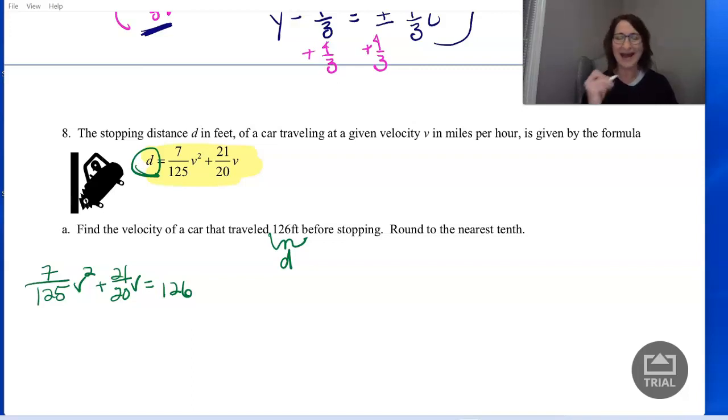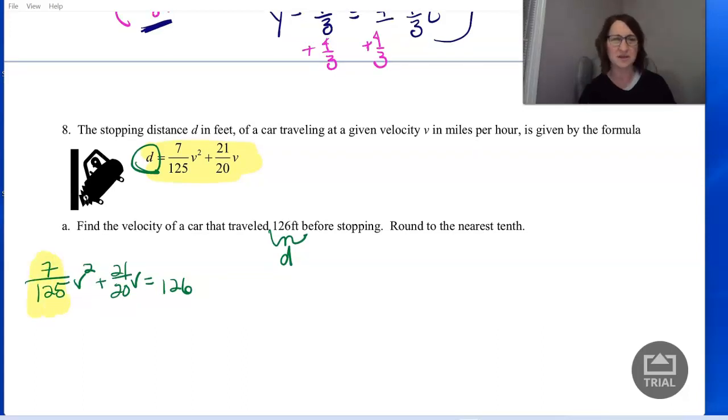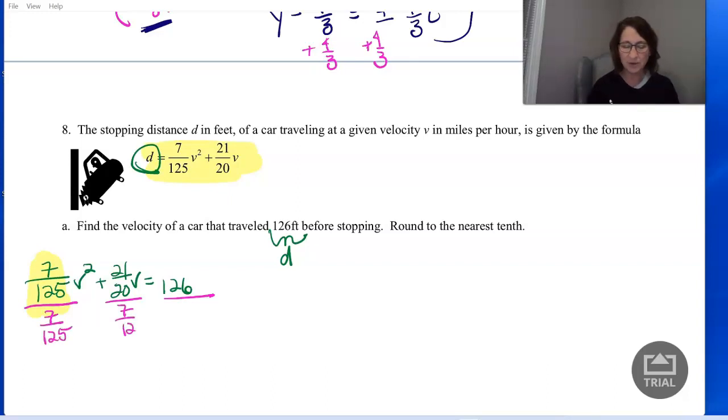I need to divide by this coefficient. Seriously? Oh my gosh. How do we do that? The same way we divided by a whole number. Just now it's a fraction. So we're going to divide by 7 over 125.